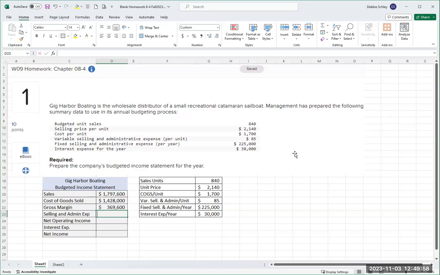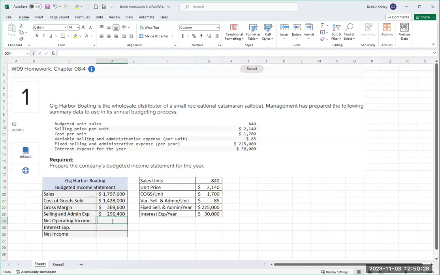I am going to go equals, open parentheses, the units times the variable per unit, close parentheses, plus the fixed selling and administrative. So it's the units times the per unit plus the fixed. And that gives me my selling and administrative expense total.